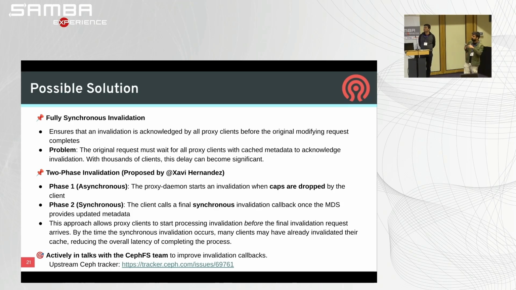Once that is done, we can do a final synchronous invalidation for the rest of the clients. This is beneficial because by the time the synchronous invalidation occurs, many clients would have already invalidated their cache, and this can reduce the overall latency.